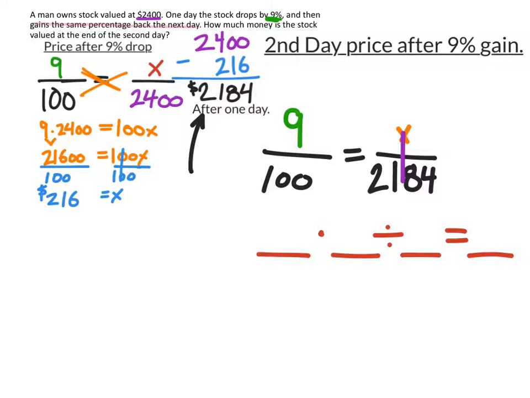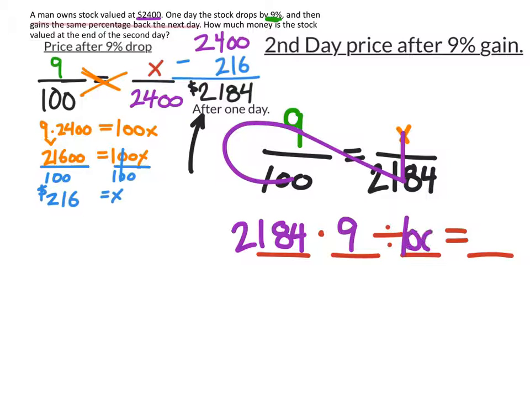So yeah, this is not art class, you guys. But that takes me to my first value, 2,184. Then I'm going to cross it up to the 9. So there's my next value. The next value I run into is after making the head of the fish, which is 100. And then I end at x.